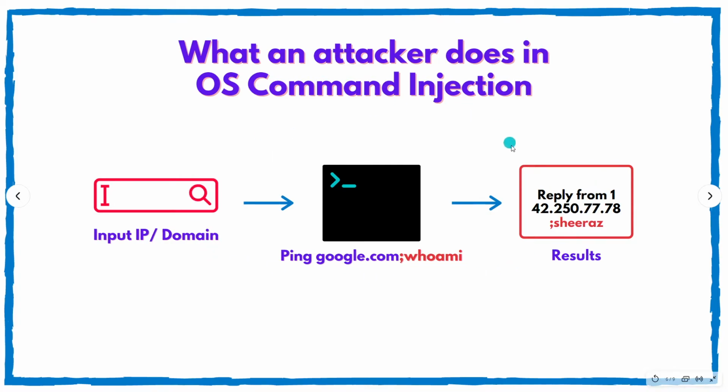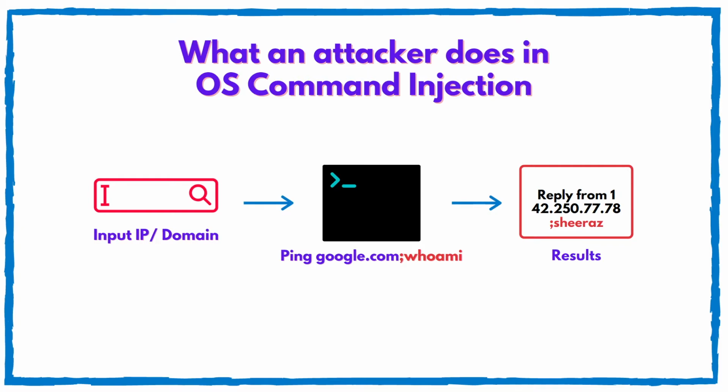An attacker assumes that this is probably running the ping command and then showing me the result, because it looks very similar to it. So what I would try to do is run my own commands on the system and see if we can read something out of it.